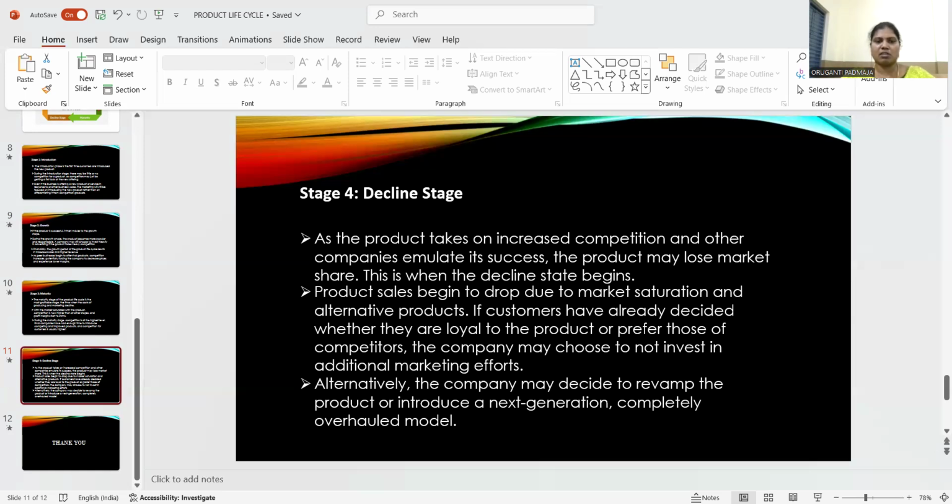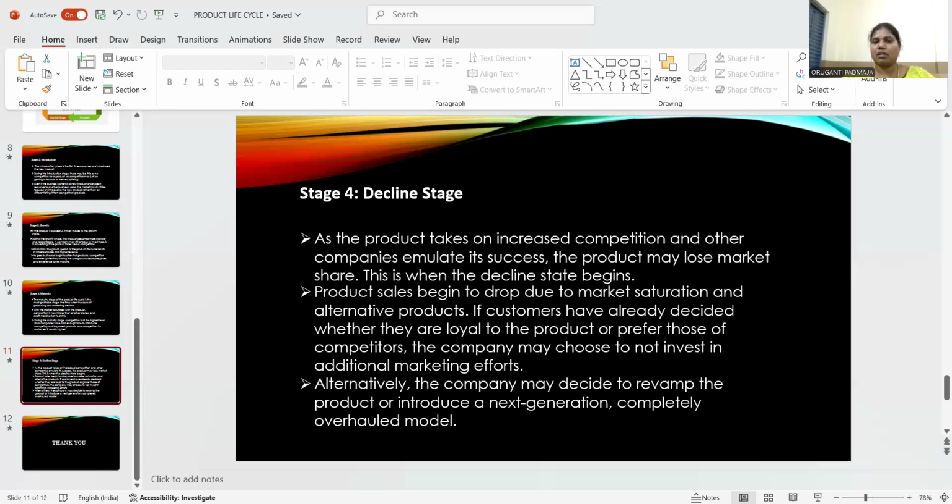This is when the decline stage begins. Product sales begin to drop due to market saturation and alternative products.